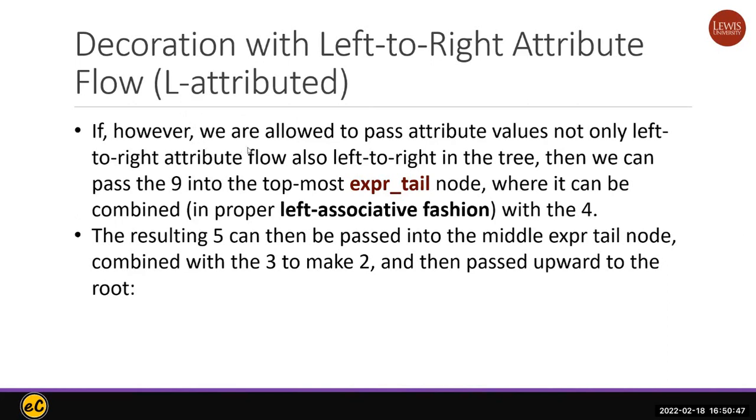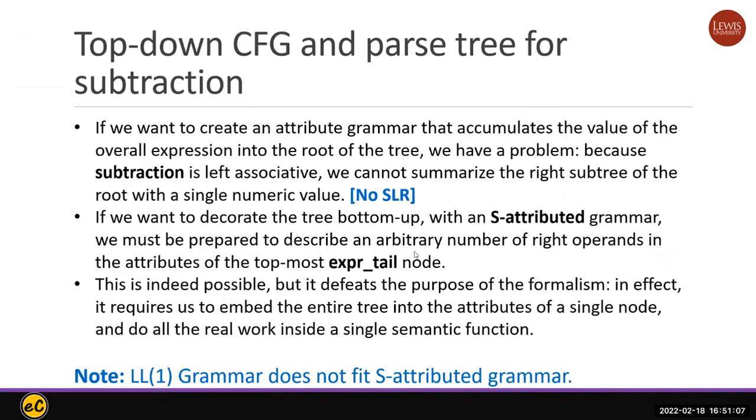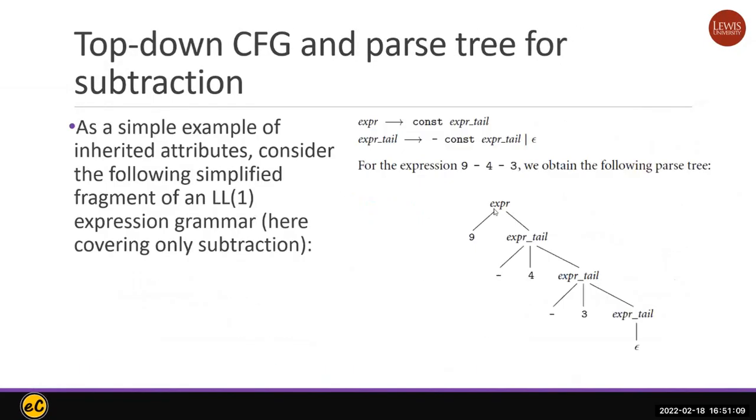If, however, we allow passing attribute values not only bottom-up but also left to right in the tree, then we can pass 9 to the topmost expression node where it can be combined. So if you only use the S attribute, you cannot evaluate it.